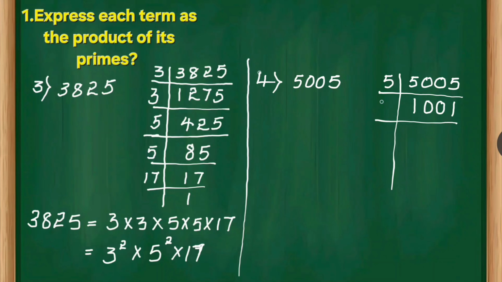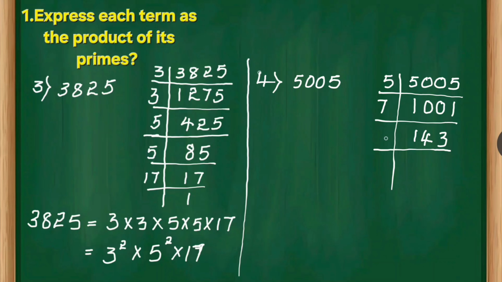Now 1001 cannot be divided by 5. It can be divided by 7. So 1001 can be divided by the prime number 7.